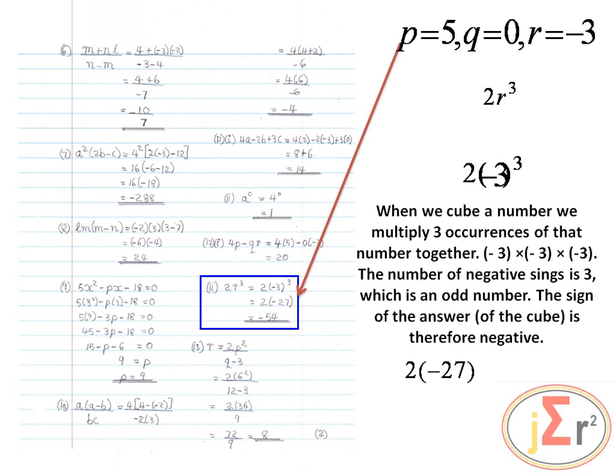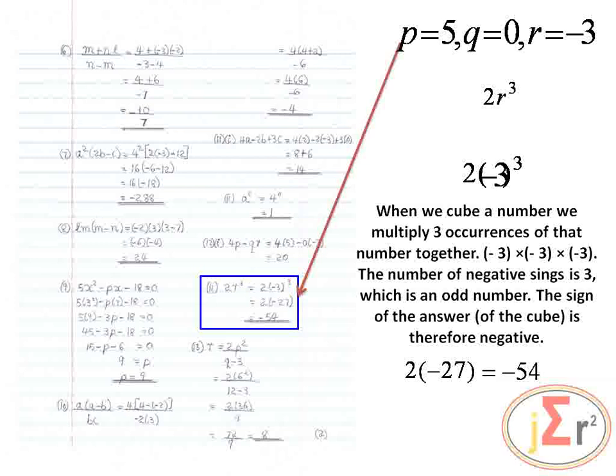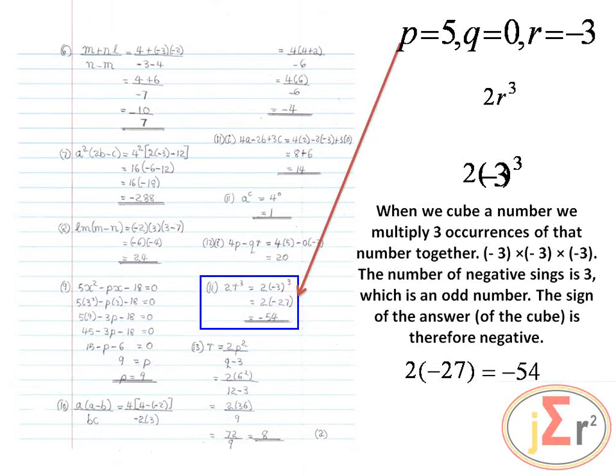So when we cube that, -3 times -3 times -3 turns out to be -27, and in the end the result is 2 times -27, which is equal to -54.